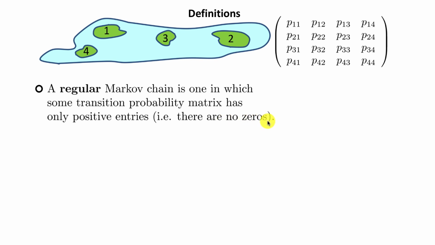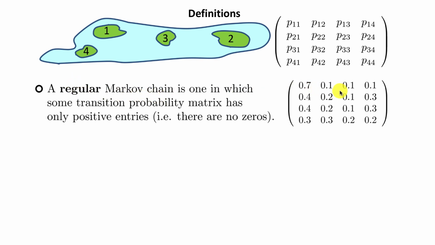And, by the way, I've used the word "some", because if I take this probability matrix and multiply it by itself, maybe once, maybe twice, maybe n times, then it could be that at some point it will develop a zero. However, if there is some power of the probability transition matrix that has no zeros, then this will be a regular Markov chain. Here's an example of a regular Markov chain, and you can see that there are no zeros here.